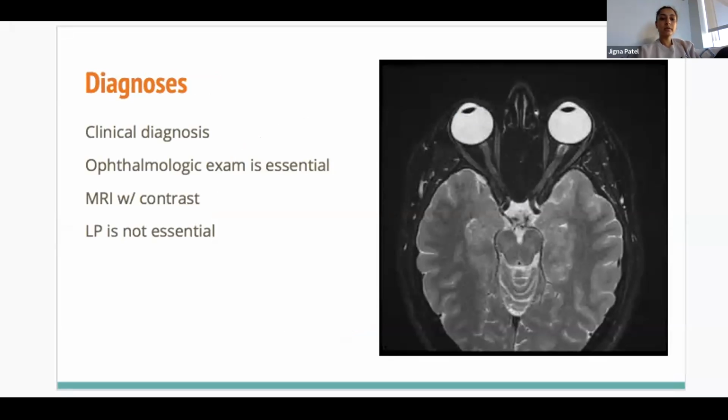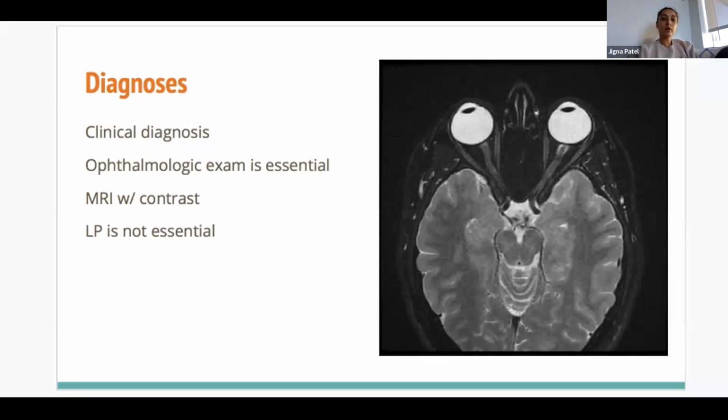The diagnosis is a clinical diagnosis based upon history and exam findings of unilateral painful loss of vision in an adult, usually younger than 40 to 50 years of age. Like I said, it's essential to do a full ophthalmological exam, which is why you should consult ophtho in the ER.